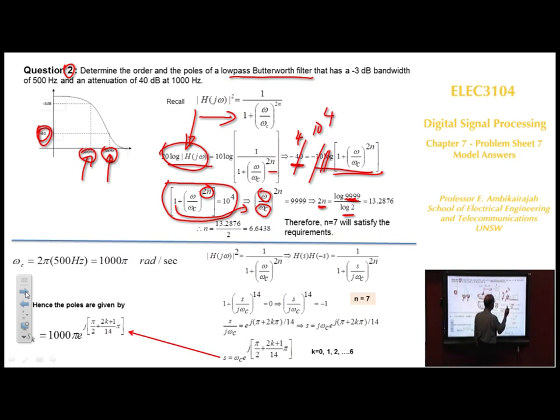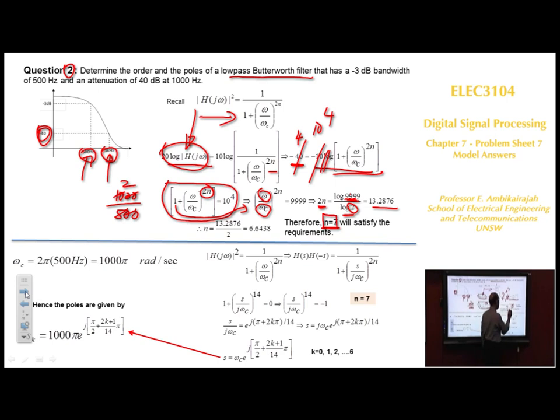And then you get 2n equal to this over this, which gives you 13. Therefore, if you divide that by 2, you will get n equal to 7. Now when you divide 1000 over 500, you get 2, and that's the 2 coming here as log 2 there. So it's n equals 7.